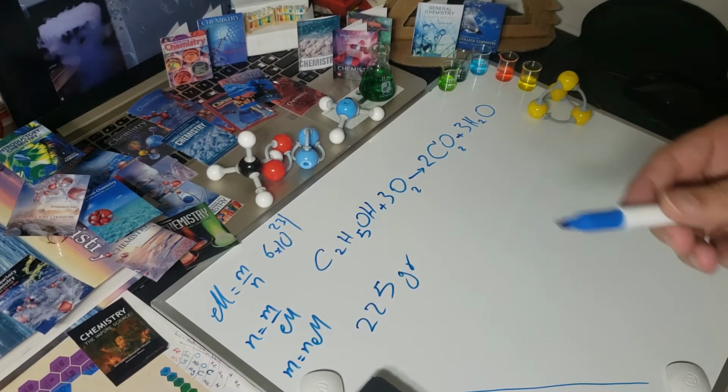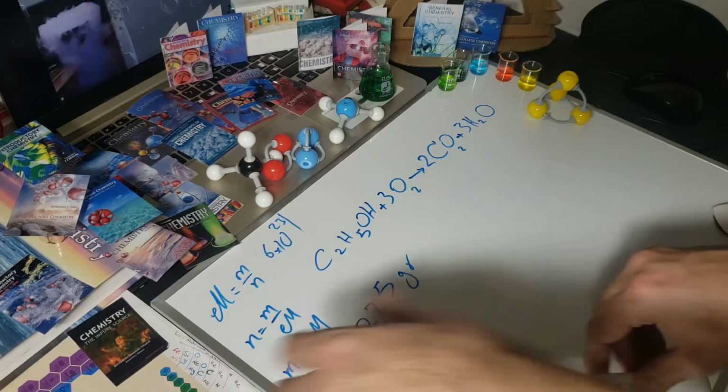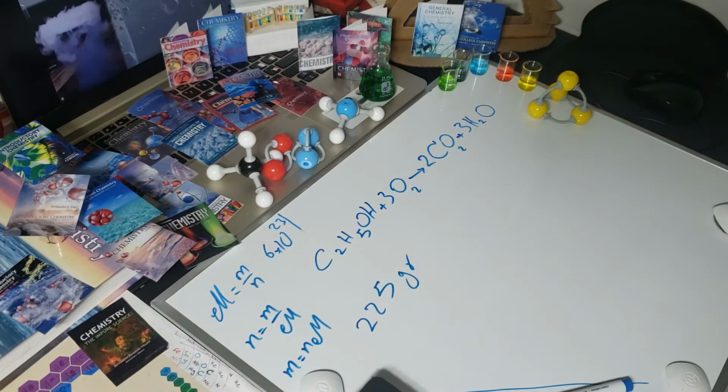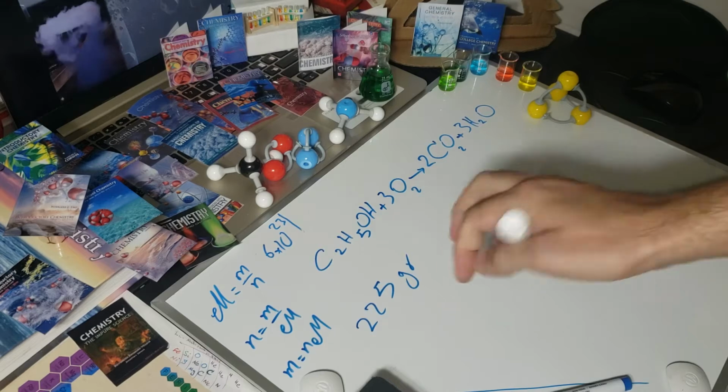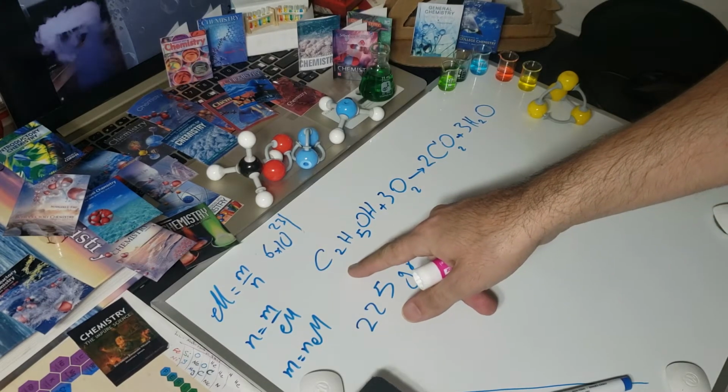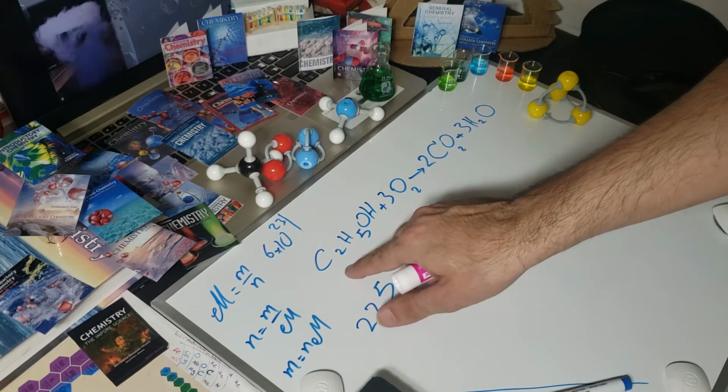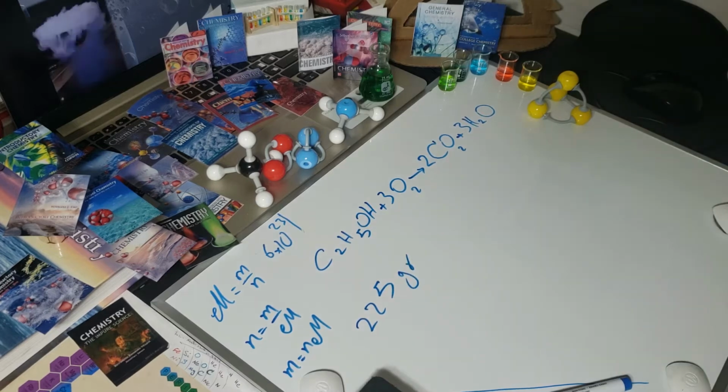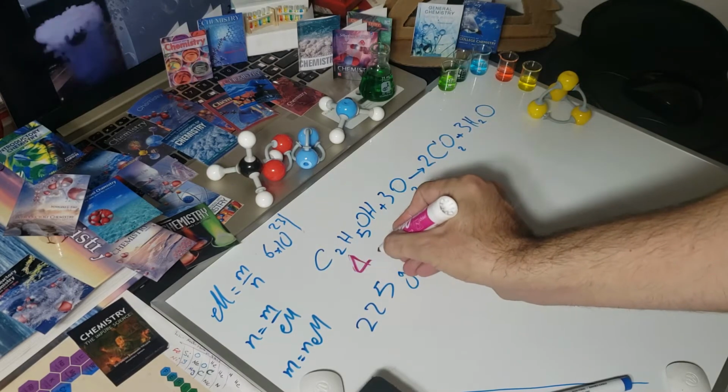Okay, so first I need the molar masses of every one of those. Just to go back here, 2 carbons, which make 24, 6 hydrogen, which makes 6, and then 1 oxygen, that is 16, gives you 46.